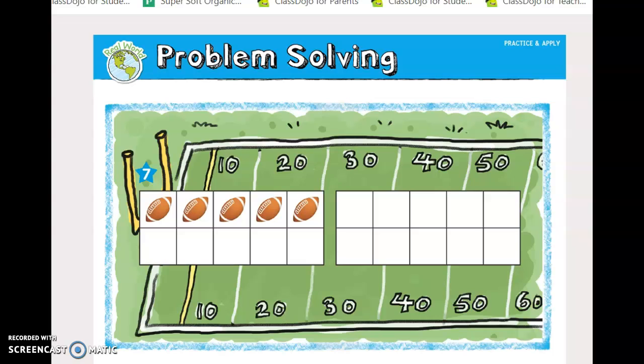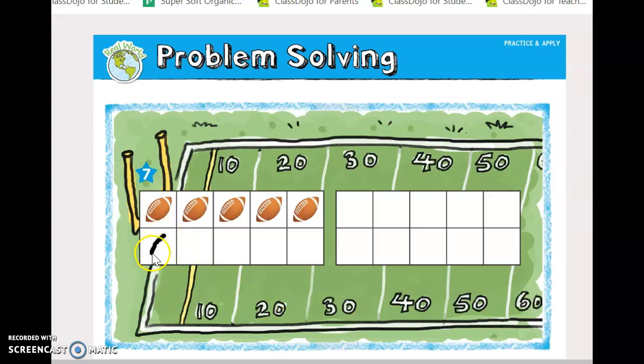Okay, so our instructions for number 7, which is on the top, are to count the objects, say how many, and draw more to make 11. All right, so right now we have 1, 2, 3, 4, 5, and so we want to draw. So I'm going to get out my writing tool because we need to show 11.